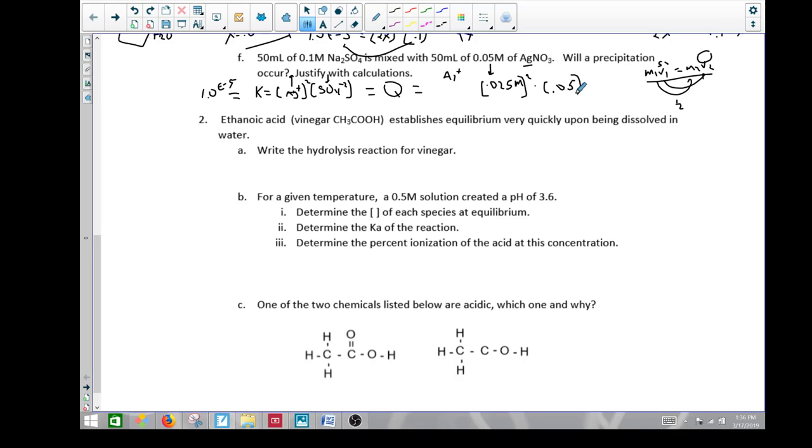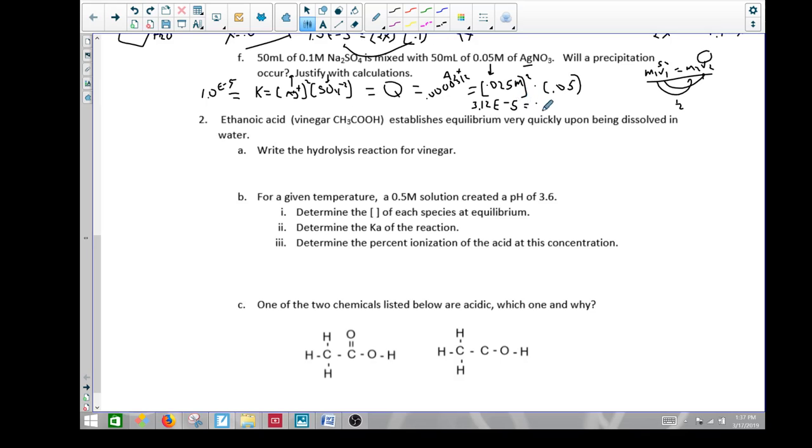equals 0.0000312. That's equivalent to 3.12 e to the negative fifth.